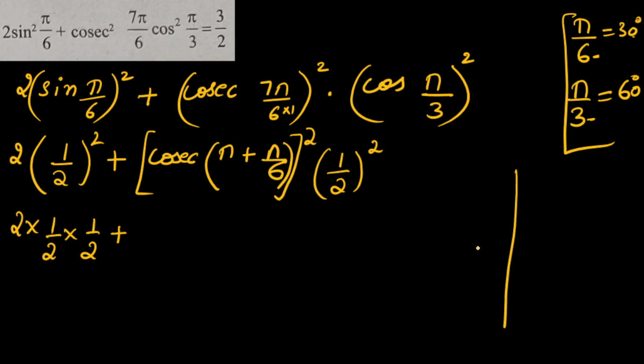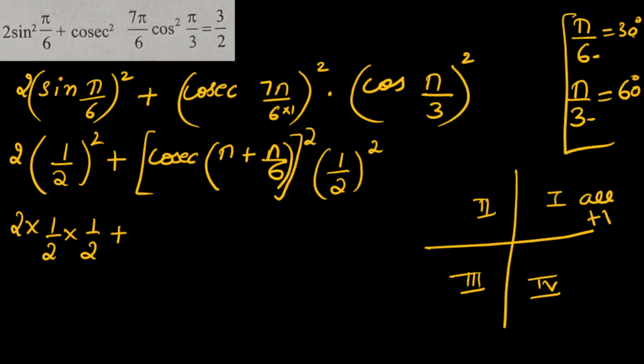Now if you see, this is the Cartesian plane. This is the first quadrant, this is the second quadrant, this is the third quadrant, this is the fourth quadrant. In the first quadrant, all trigonometric functions are positive. In the second, sine and cosecant are positive. In the third, tan and its reciprocal cot, these two are positive.